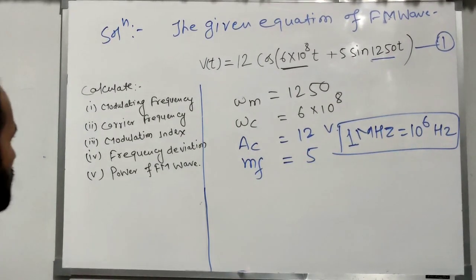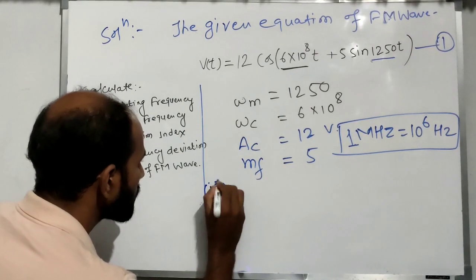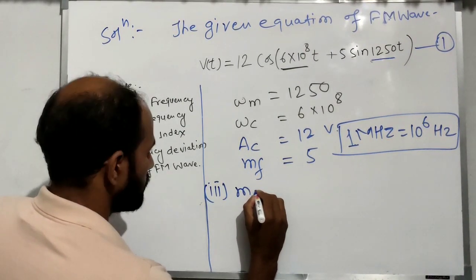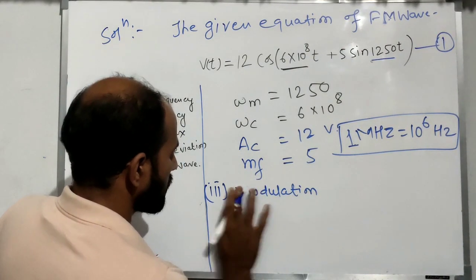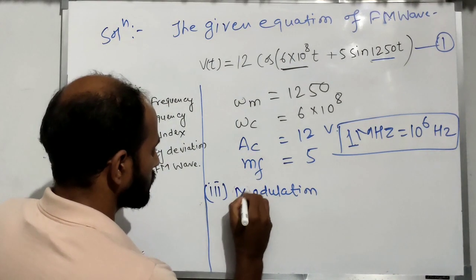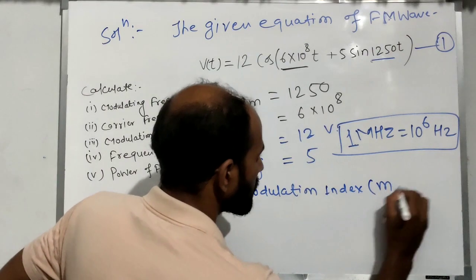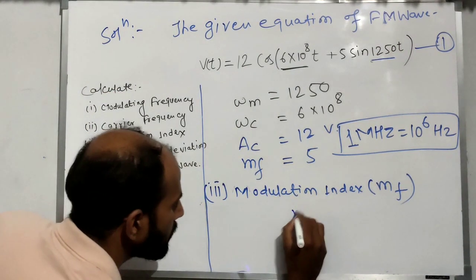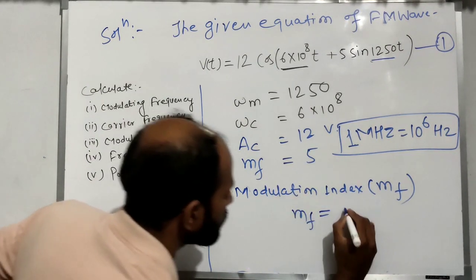Okay, now we calculate the third, the modulation index mf. Here mf is given. From comparing, we found mf is equal to 5.